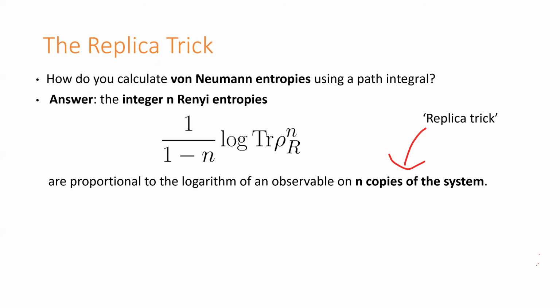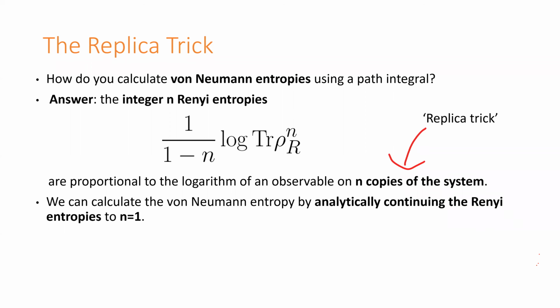This is something called the replica trick. And then all we're going to do is find a formula that's a function of n. This is not quite what we're going to do, but it's morally analogous to it. And then we're just going to take that function, note that it is analytic, and analytically continue to n equals 1.